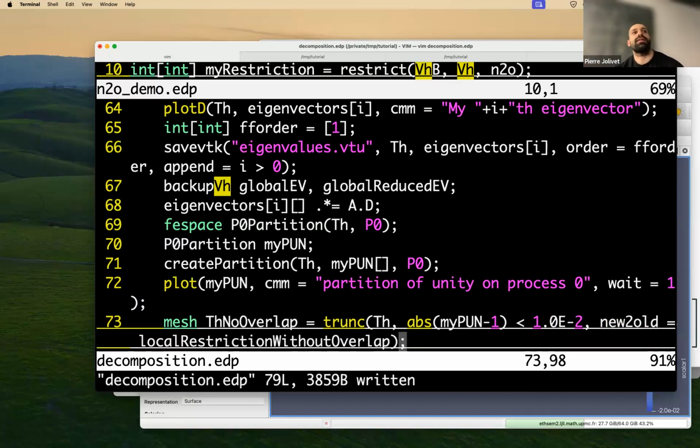Then you do restrict, and then you can again get just the local solution without overlap, save VTK, and so on and so forth. Okay?